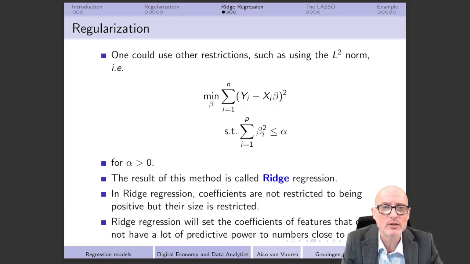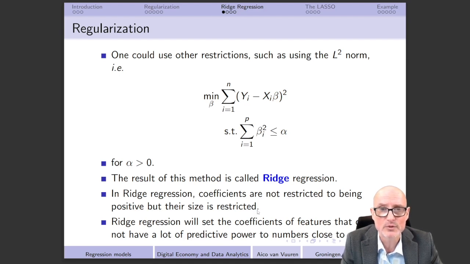In this particular situation, betas don't have to be equal to 0, but as long as alpha is relatively small, we cannot make the betas too large, because then the restriction that we have over here would no longer hold, and since it has to hold, we cannot make the betas too large. So in a ridge regression, coefficients are not restricted to being different from 0, but their size is still restricted.